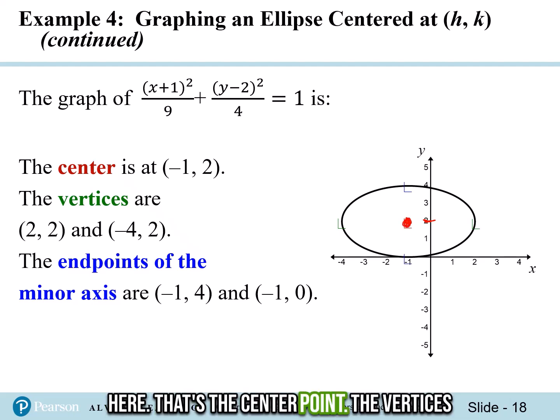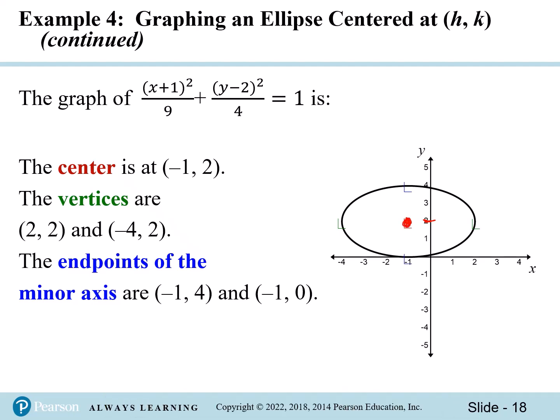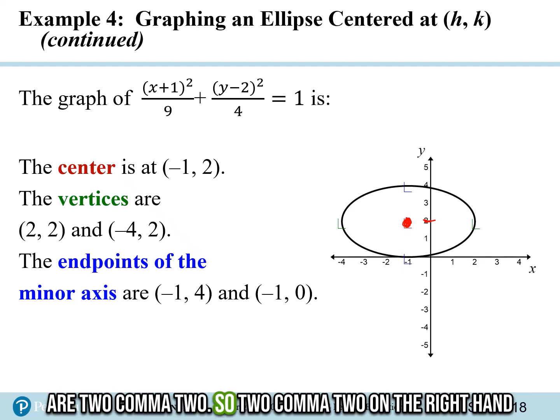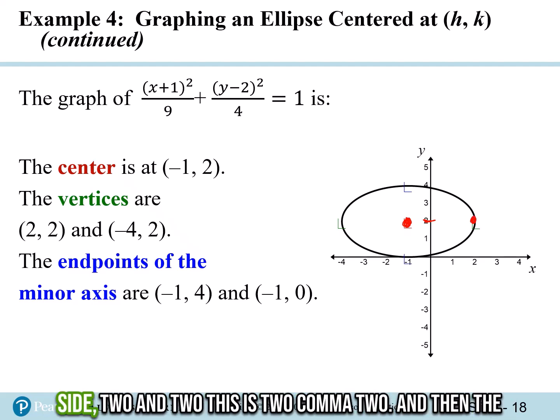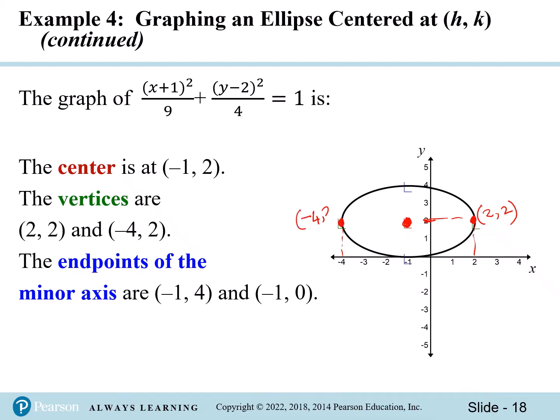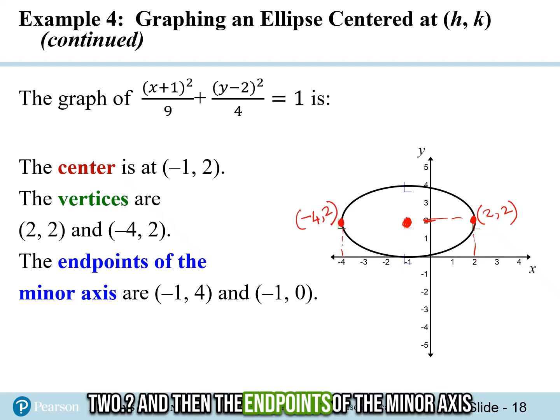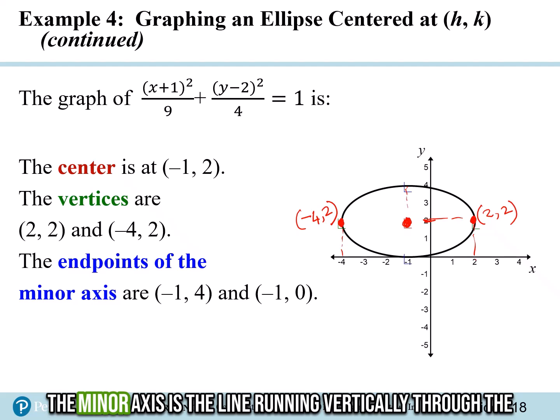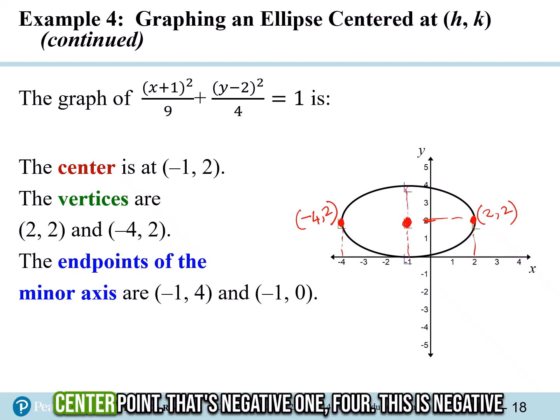That's the center point. The vertices are (2, 2) on the right-hand side, and the other end has (-4, 2). So here we have (-4, 2). And then the endpoints of the minor axis. The minor axis is the line running vertically through the center point.